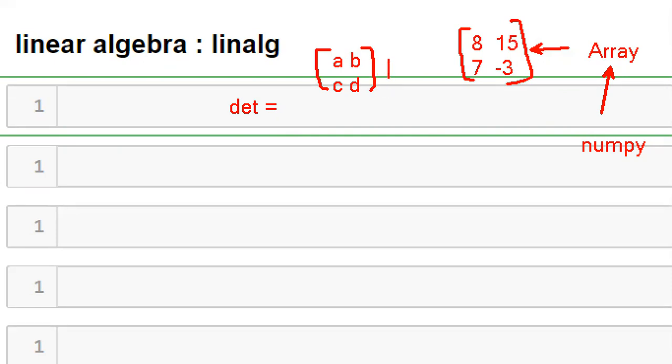Okay, you go back to your mathematics, you'll find all these things. The det value is AD minus BC. Okay, now if you want to find out det value for this matrix, what is the det value for this matrix? It will be 8 multiplied by minus 3, next minus 15 multiplied by 7.